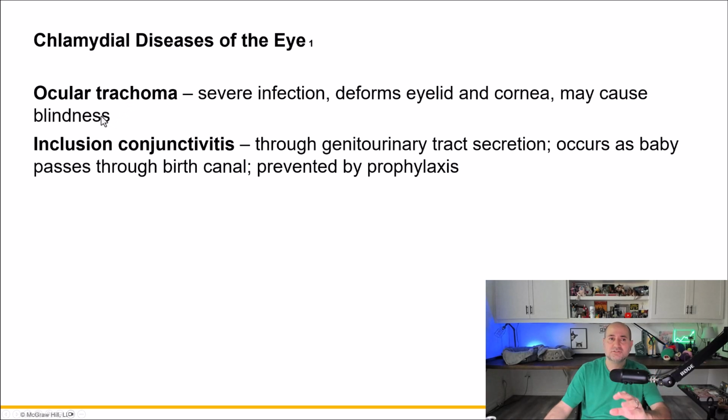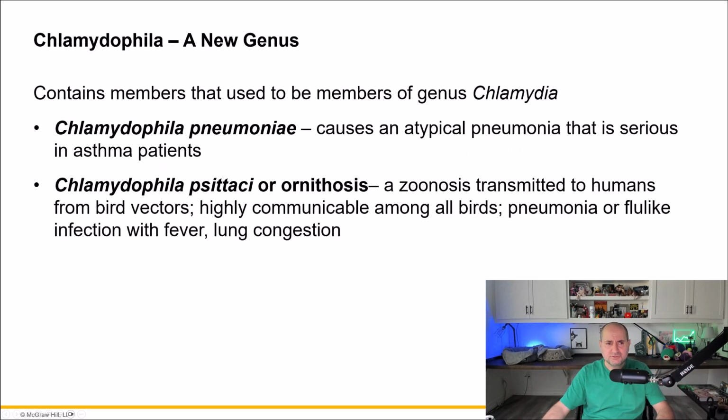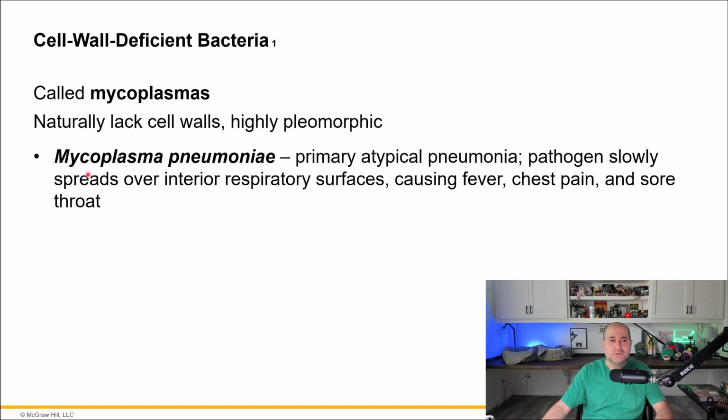So chlamydia is not just an STD, but it can also infect the eye. And then do you remember Chlamydophila psittaci, which is a zoonosis transmitted to humans mainly from bird vectors? That was interesting. And then Mycoplasma pneumoniae, another cause of pneumonia.